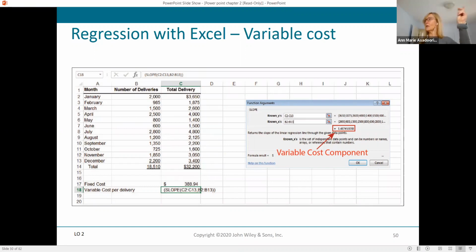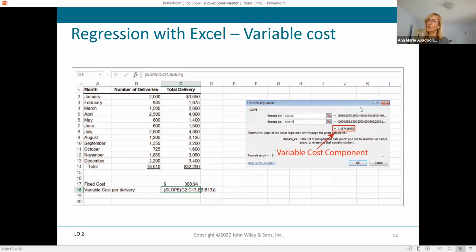You pick the function slope, and then you drag your mouse from C2 all the way down to C13. Then you do the same thing for your volume, and you say calculate it, and it will give you the slope of that line, right? Just statistically looking at all of that data, they're not going to visually fit it, but use statistics to draw the best line.